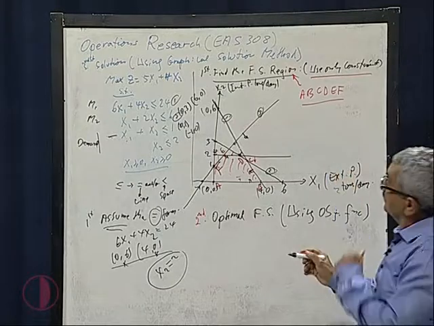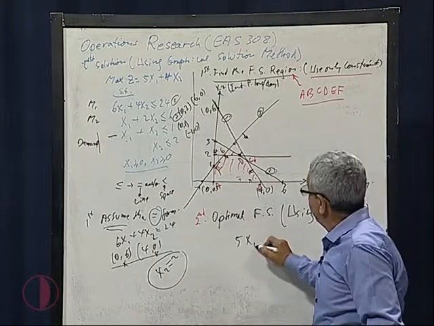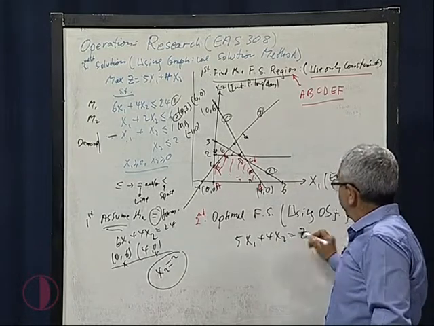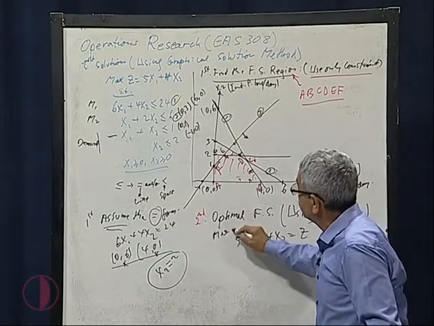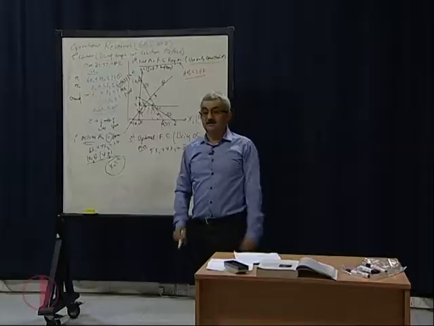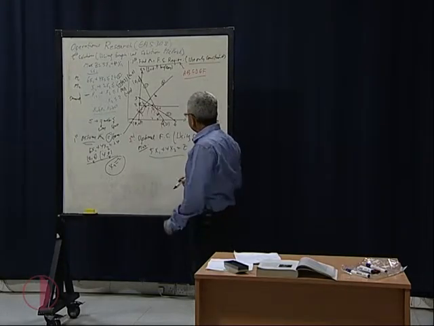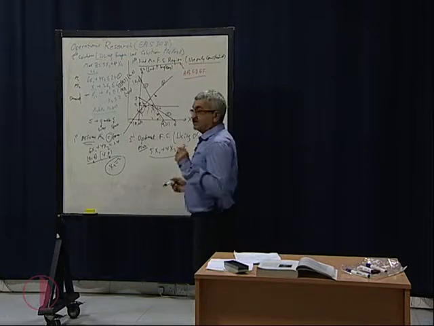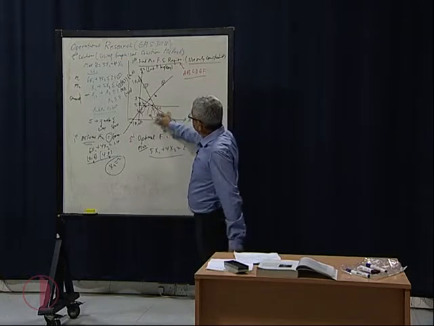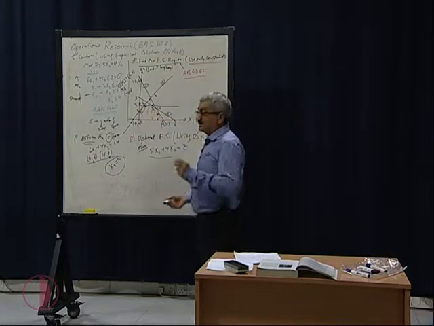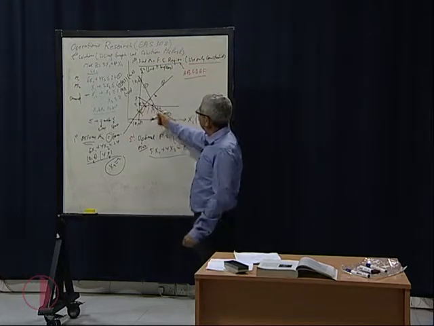Where is our objective function? It is 5x1 + 4x2 = z, which is a maximization type problem. Don't forget, it is important, maximization type problem. For that one, let me say one thing: we call these A, B, C, D, E, F the corner points, which are the feasible corner points.